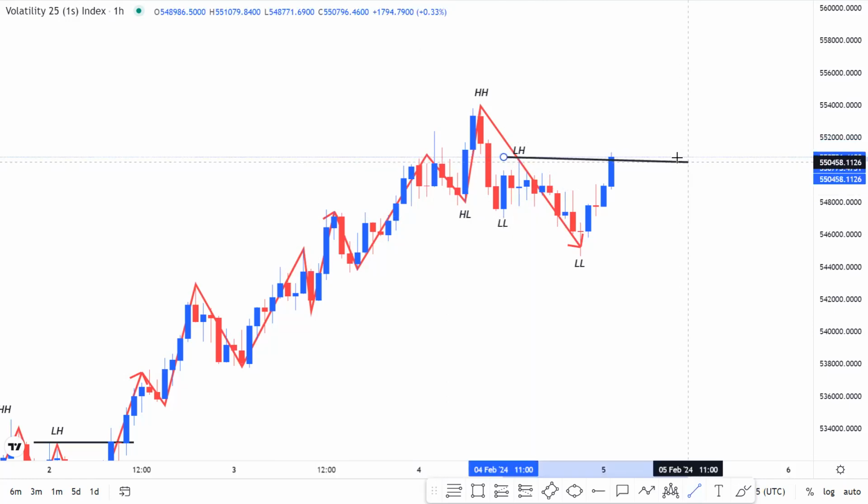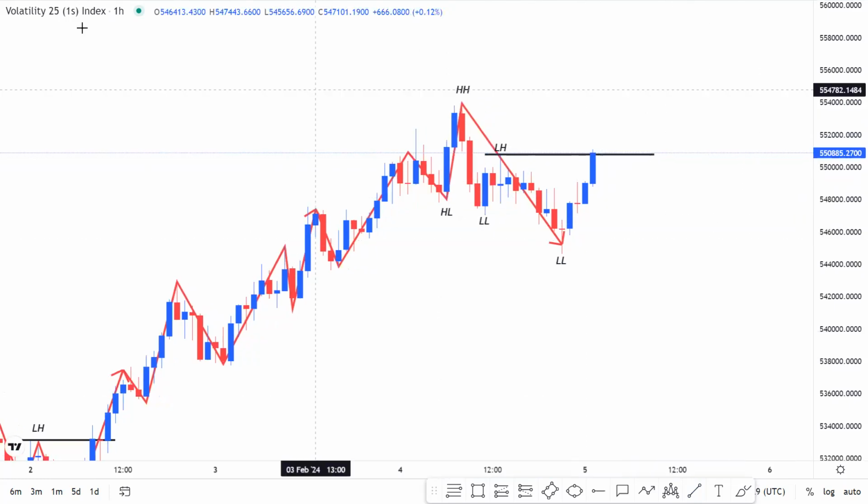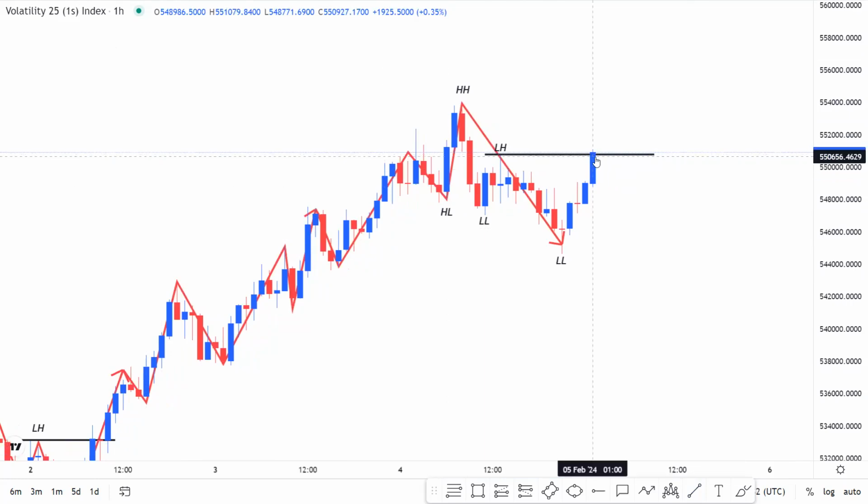reversal again. So as long as we stay below this lower high, this is the lower high that led to the new swing lows right about here, we would very likely expect Volatility 25 index to continue with a downtrend as long as we stay below this lower high.